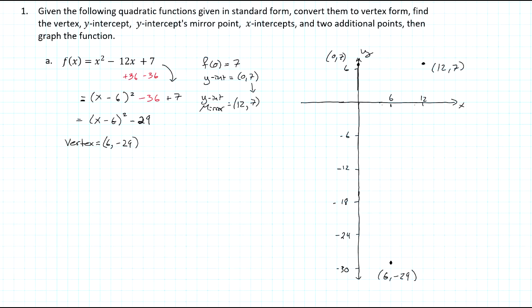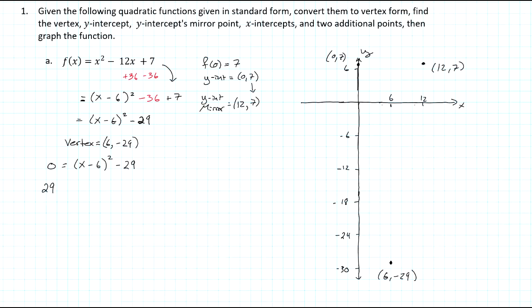And then we need these x-intercepts. Looks like they're not going to be too pretty, but let's go ahead and get them real quick anyways, and then we'll plug in a couple more numbers. So 0 equals x squared minus 12x plus 7, but let's do this in vertex form, it will be easier: 0 equals x minus 6 squared minus 29.